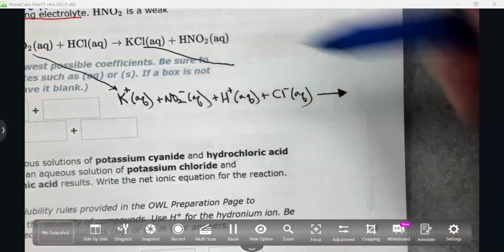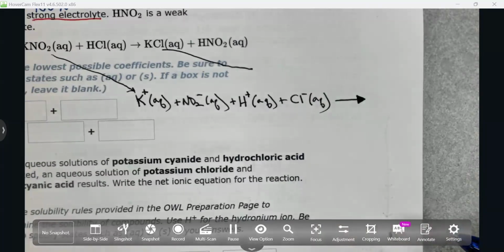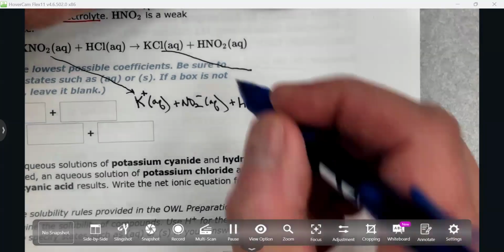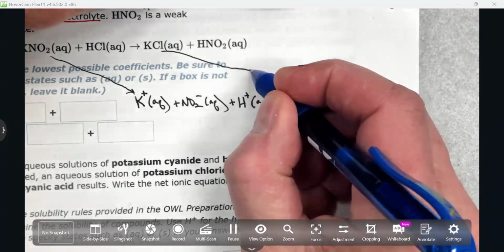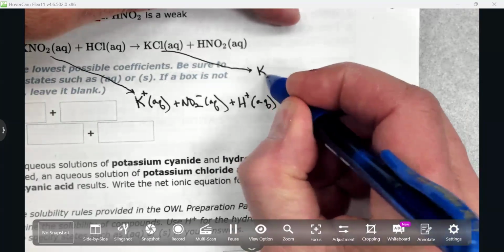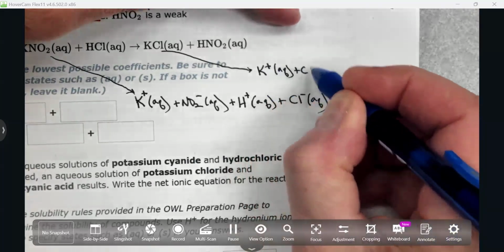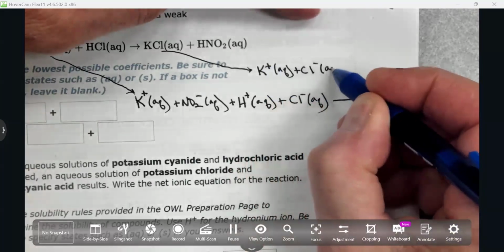Is KCl going to split up? Oh, Taylor Swift, Travis Kelce again, for sure, 100%. K plus, Cl minus.